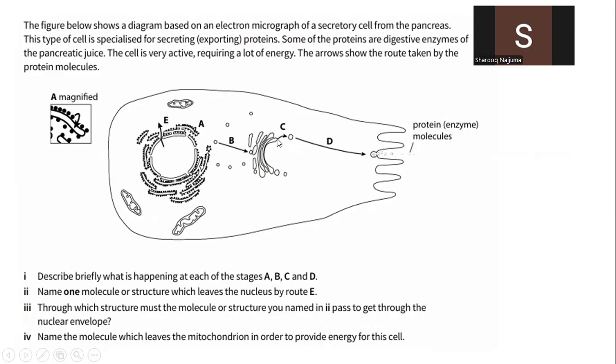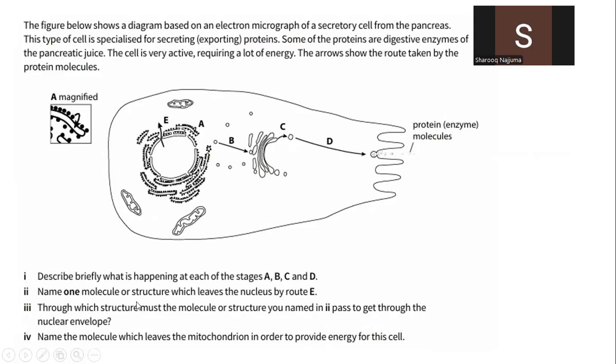So in C, the Golgi vesicle buds off from the Golgi body and moves through the cell. In D, the vesicle is being used in exocytosis. Remember, exocytosis, we are having releasing contents outside the cell. So the vesicle fused with the cell surface membrane and released whichever proteins it was carrying to the outside of the cell.